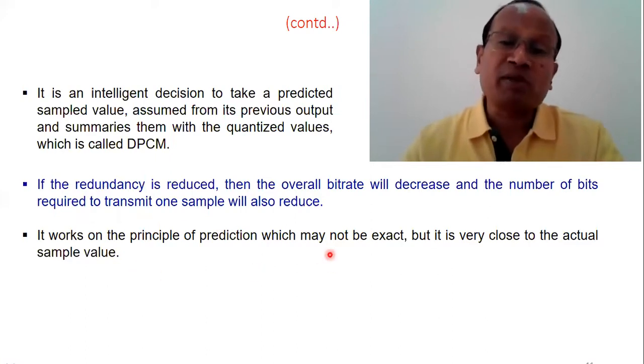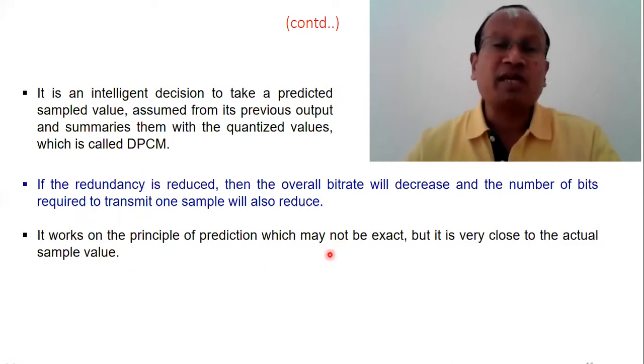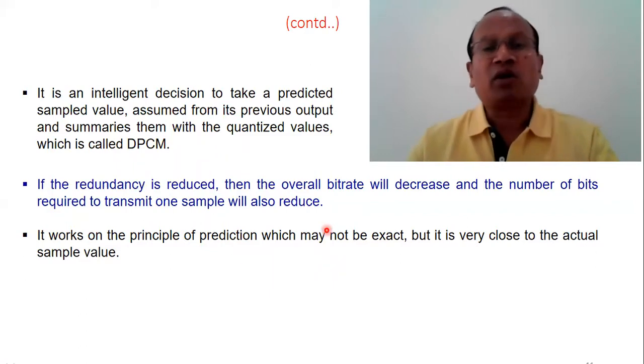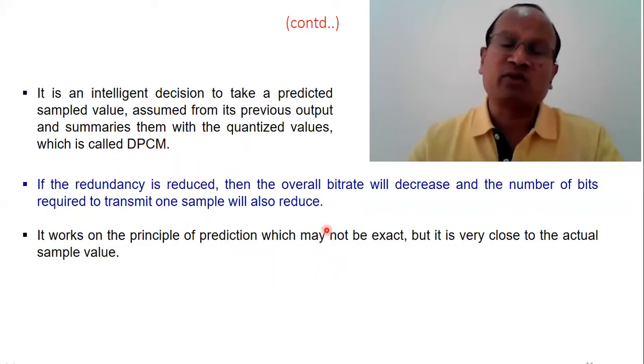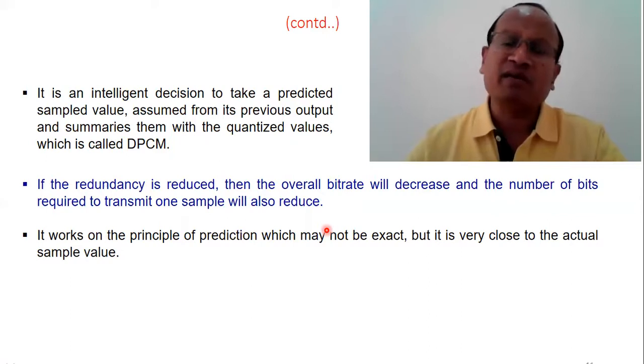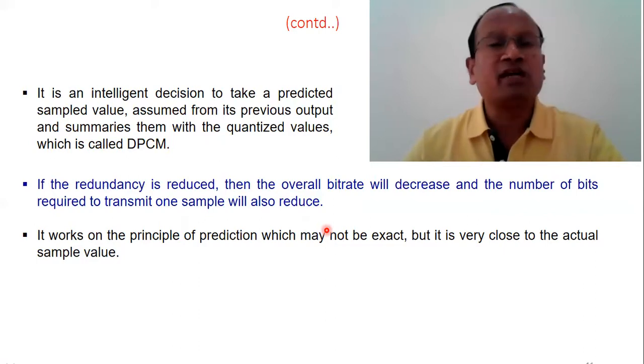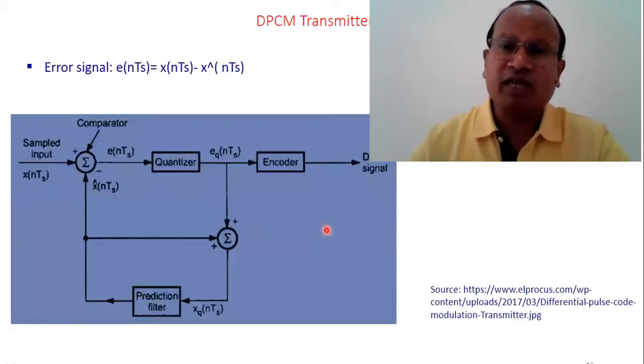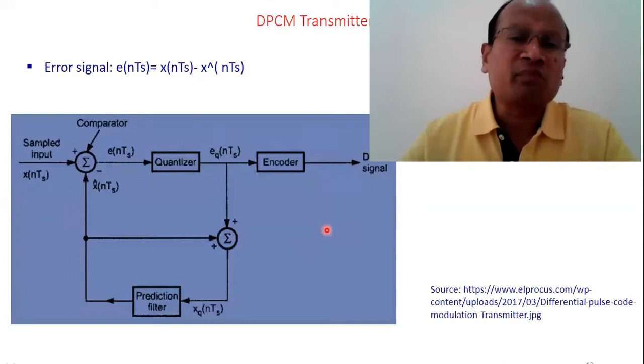It works on the principle of prediction that may not be exact, but is very close to the actual sample value. As we are working on difference calculation only, and that too calculated by the predictor, there may be some error, but it will be nearer to the actual sample value. The difference will not be that much.